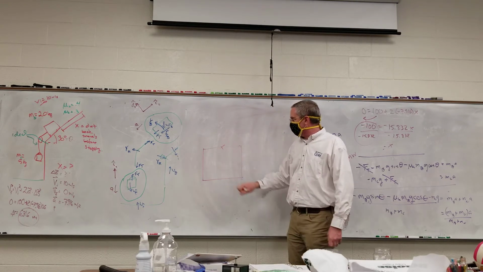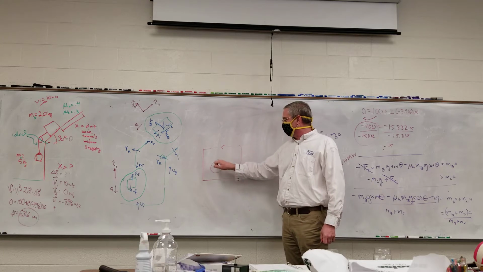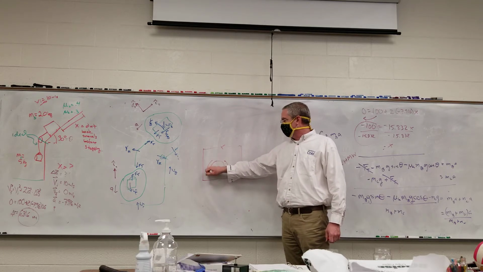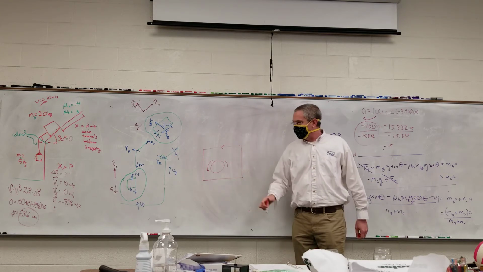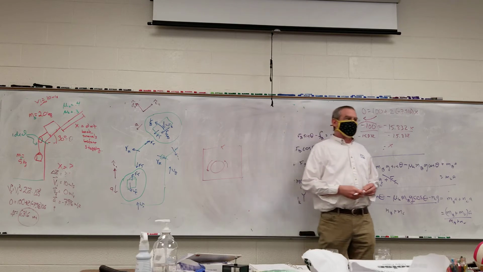If that's my target right there, and I am swinging it around like this, from an overhead point of view that would be counterclockwise. Where do I release it in order to hit that spot?